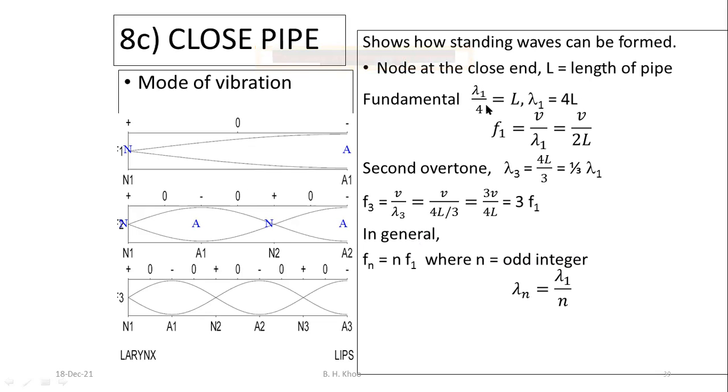Lambda 1 is 4L, so lambda 3 is 1/3 of lambda 1. There's a 3 there, we divide by 3. So if there's an n there, you divide by n. Remember, n is an odd integer. If you use frequency, it is F1 times n. If you use wavelength, it is the fundamental wavelength divided by n.